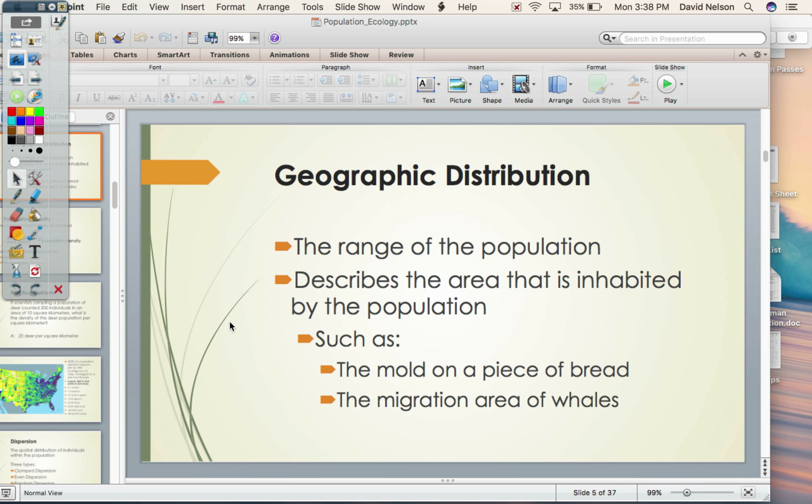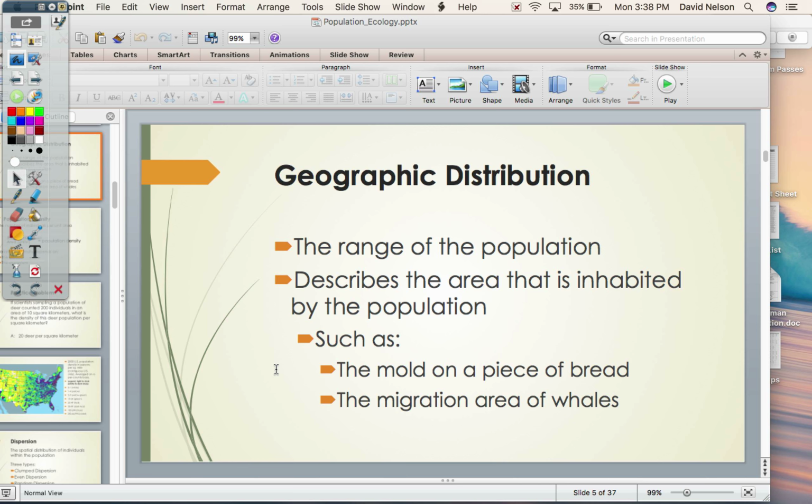The space that the mold takes up on the bread being our geographic structure here. So how much space on this piece of bread the mold takes over, and what it still has available to it to take over. So it can increase its geographic distribution if it hasn't taken over all of the bread.